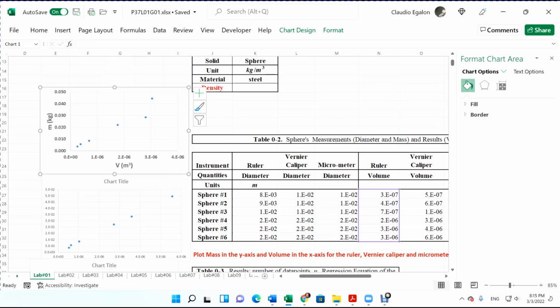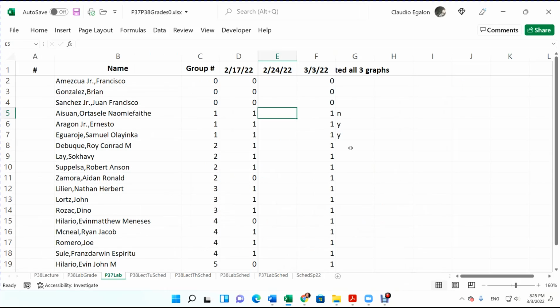I'm going too fast, so let's see how we're doing. Let's go student by student. Conrad, did you plot the three graphs? Yes, it's plotted. Good, but it's not just plotting the graph.